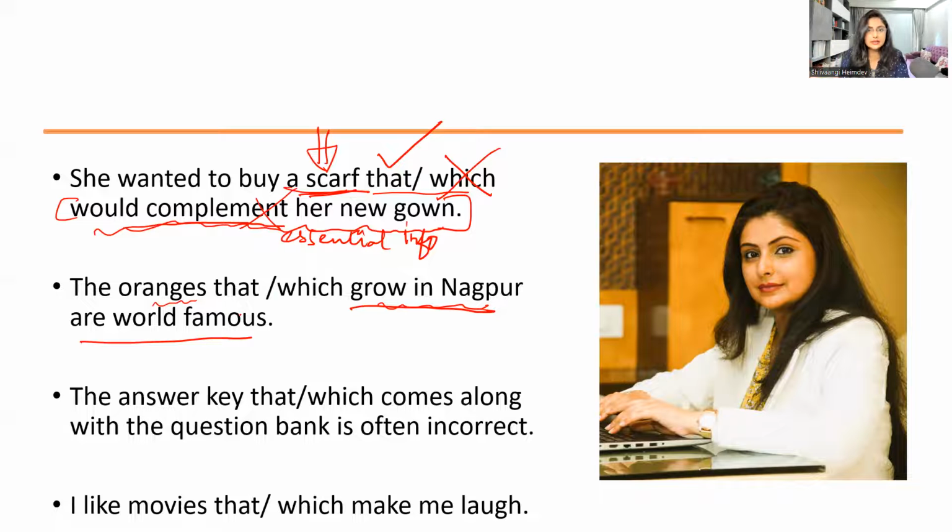Because this information, that grow in Nagpur, helps me relate more to the subject, oranges, and helps me identify what kind of oranges I'm talking about, I will make use of that and not which. Are we very clear, friends?